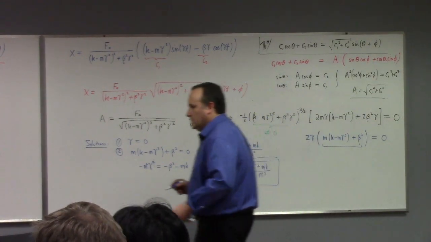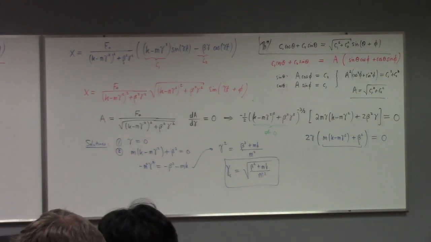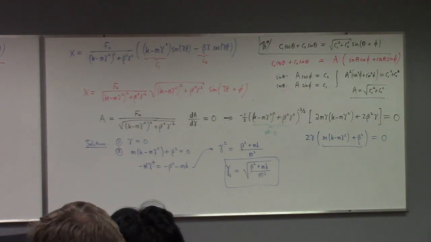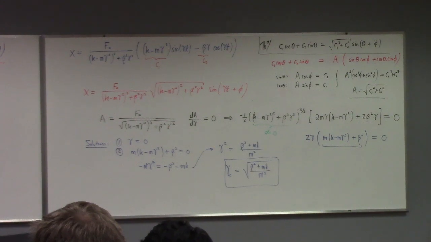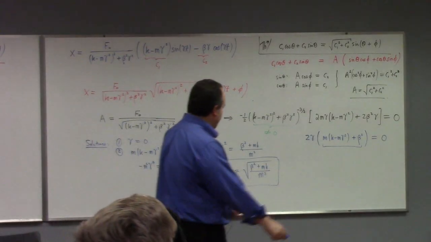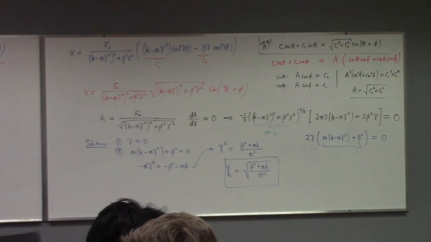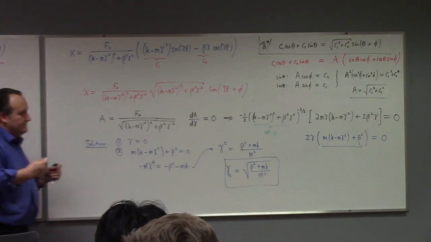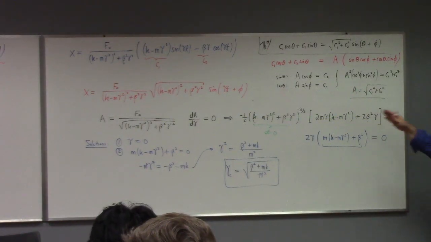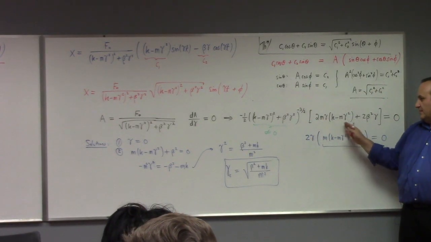Let me double check. Sadness. I made a mistake. Rats. Where's the mistake? Anybody see it? Go back to here, right? Taking this derivative, 2m gamma and so on.